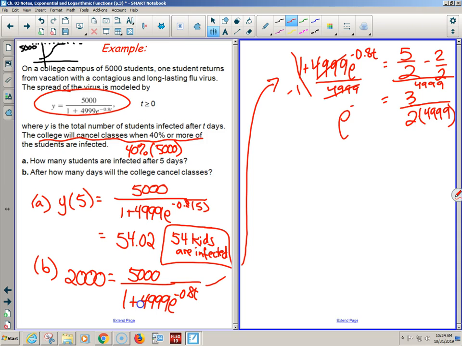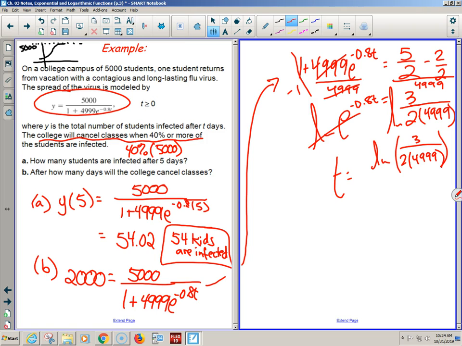Now I have an e to the negative 0.8t. t equals ln of 3 over 2 times 4999, end your logarithm, divided by negative 0.8.